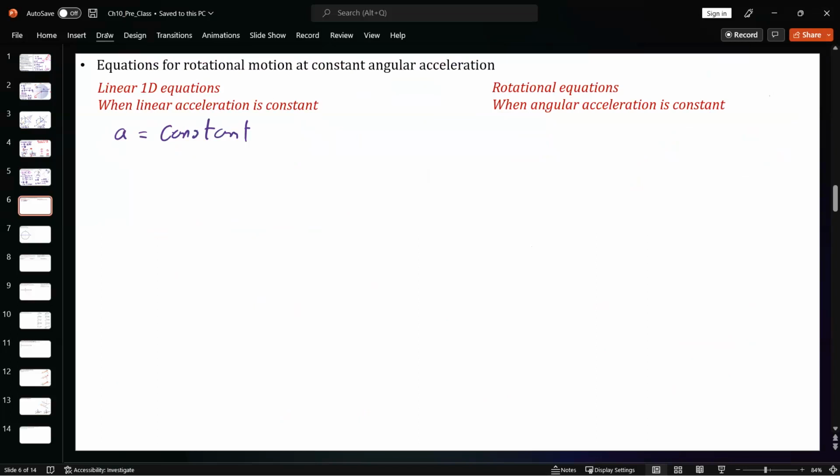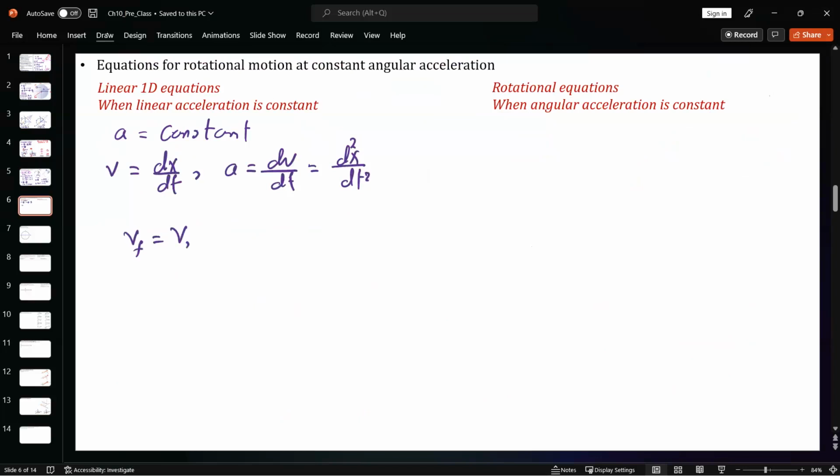Like we know the linear velocity is equal to dx over dt. Linear acceleration is equal to dv over dt, or we can rewrite this as d square x over dt square. Then we derived three linear equations, right? So the system of equations, what are the formulas?